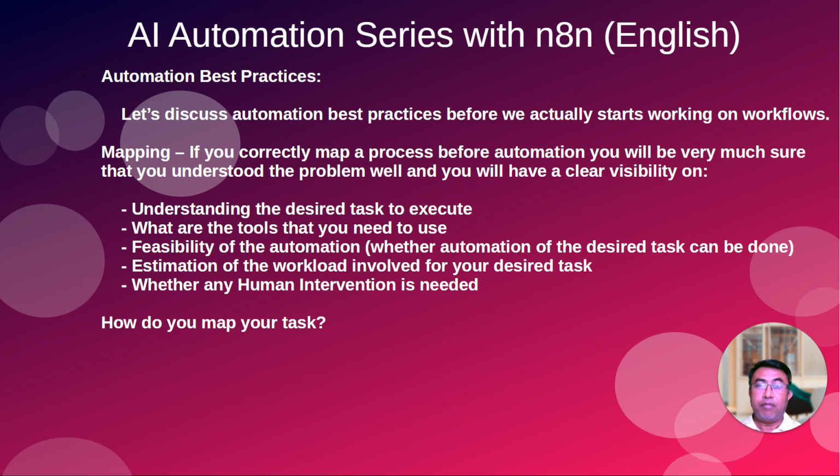But think that you want to automate your business email, and you instruct the LLM, the AI module, to draft the mails, and you want to verify before it sends. This is where human intervention is needed.